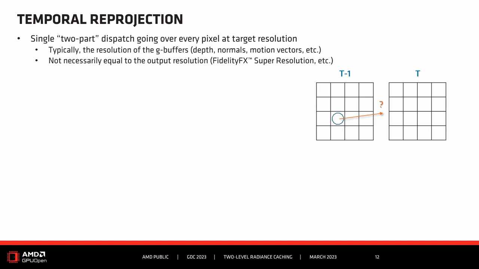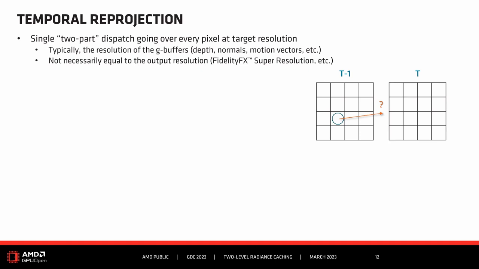In our implementation, it's the resolution of the G buffers, depth, normals, and so on. Probably doesn't have to be this way. It could be decoupled further, but we expect that it's going to be a common choice of implementation. But the important point is that it's not necessarily equal to the output resolution. You can use super resolution effects such as FSR, for instance.